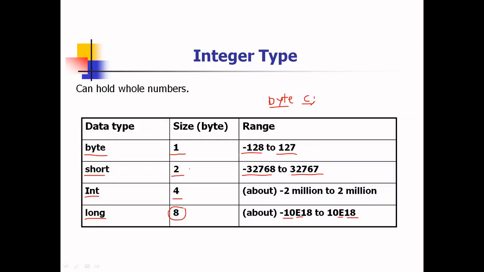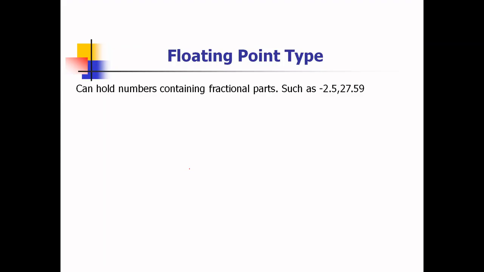The next type is floating point type. Floating point type can be used to store the real numbers, or you can say fractional numbers can be stored in floating point data type.